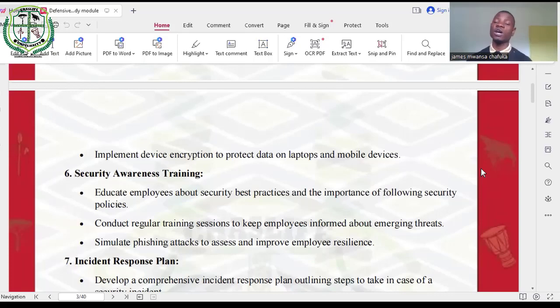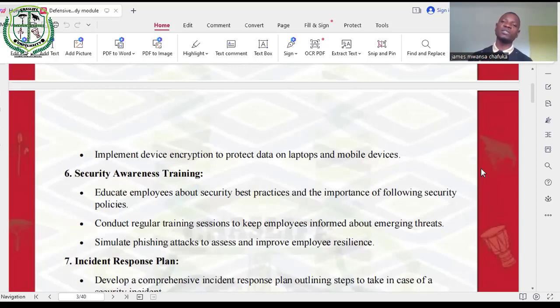Now, in order to decrypt the data, there should be an appropriate key that has to be placed.